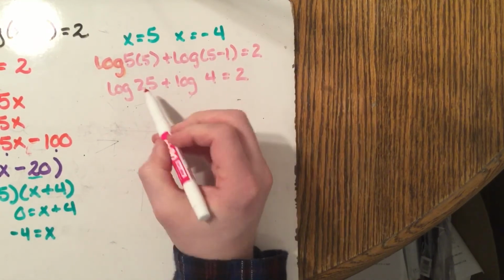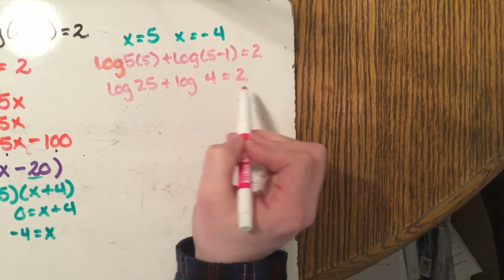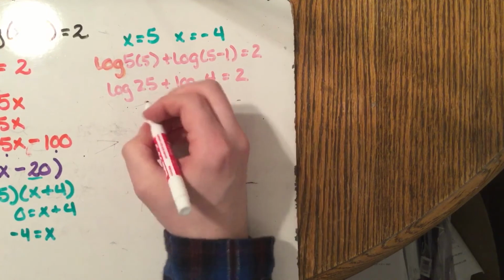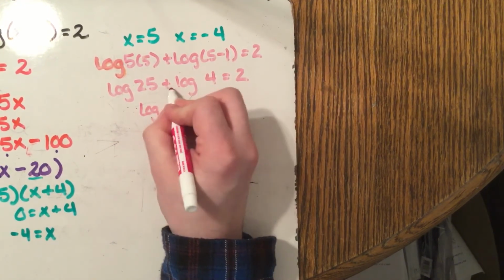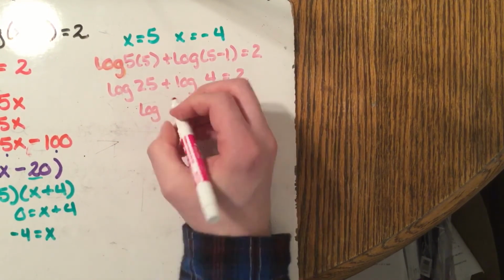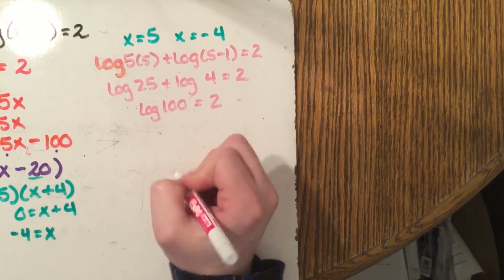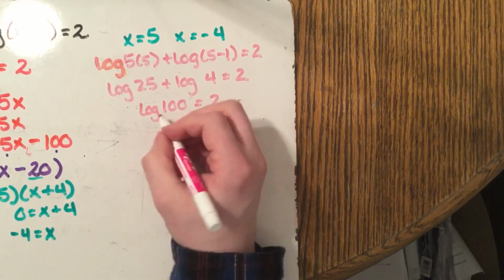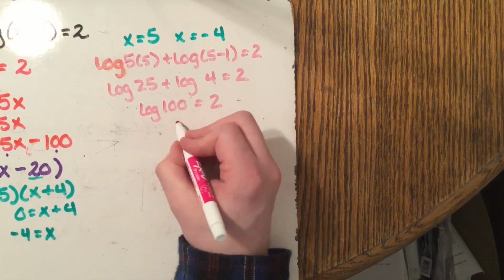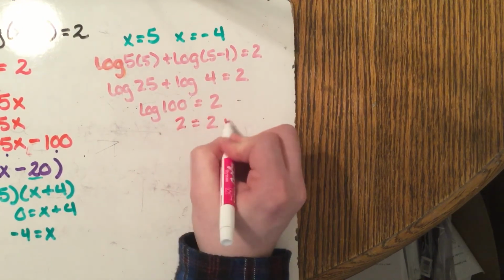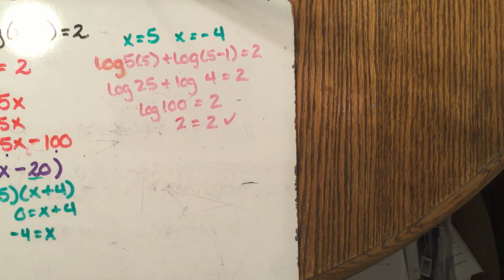Two ways to do this. You could plug this into your calculator. It will get you 2, or you could condense it. Remember, addition becomes multiplication, so 25 times 4 is 100. And so the log of 100, again, you can plug it in your calculator, or you can think to yourself, 10 to what power gets me 100? It is 2. So 5 is good.